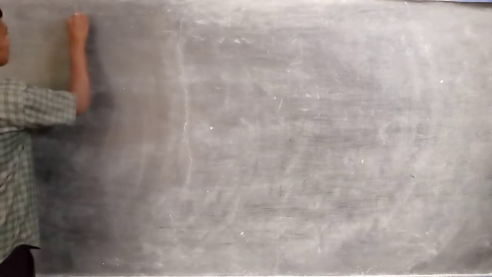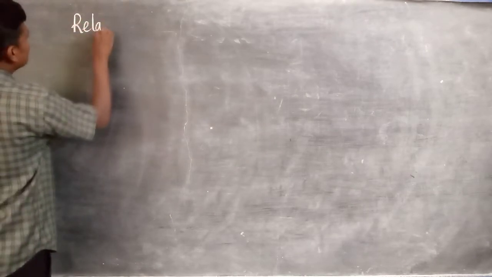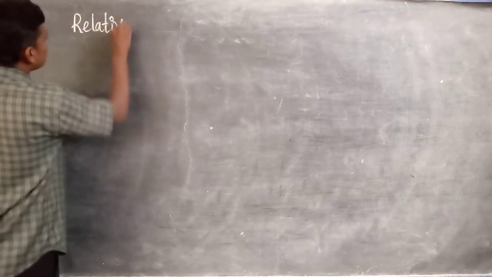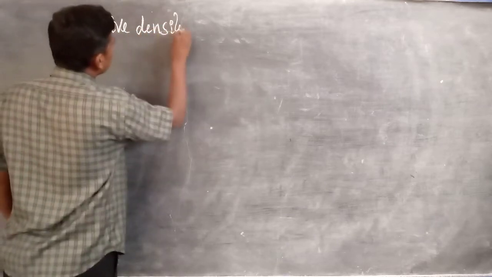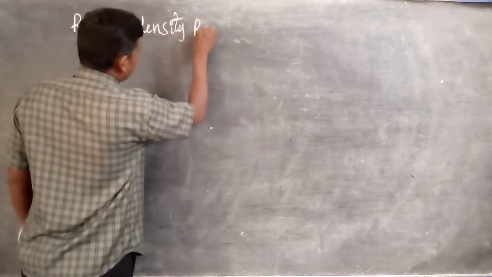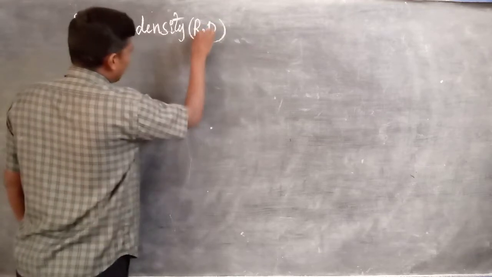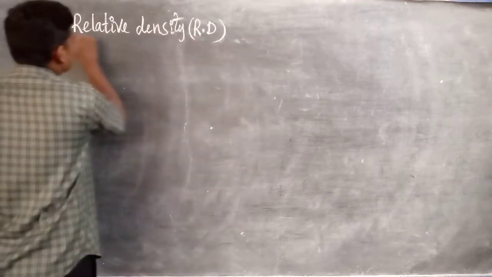Now I will explain relative density. Simply we write RD. R.D. means relative density.